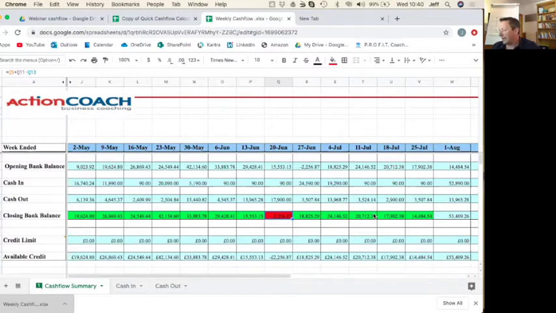I'm not going to linger on cash flow forecasts too much because pretty much everybody on the call has got one. I just wanted to show you the importance of the weekly one if you have only got the long-term one, which is great for your strategic planning, but for your more immediate needs, like can I make payroll this month.